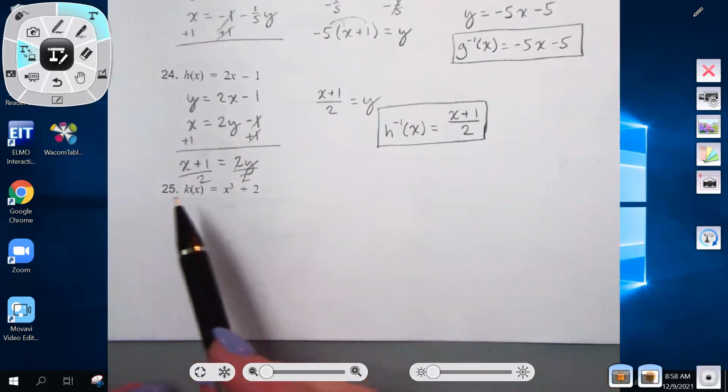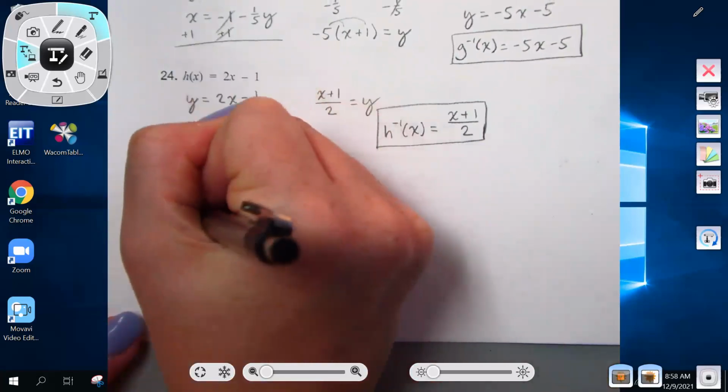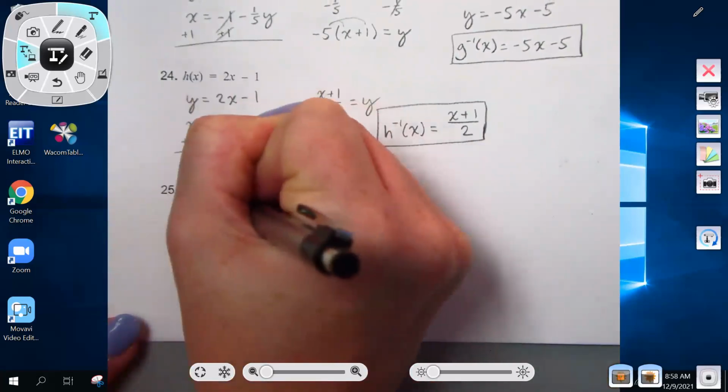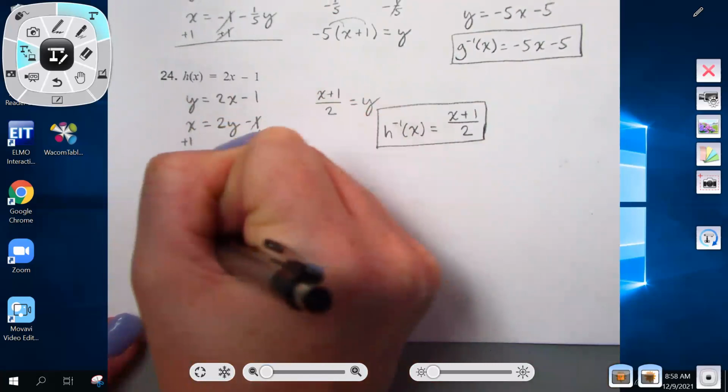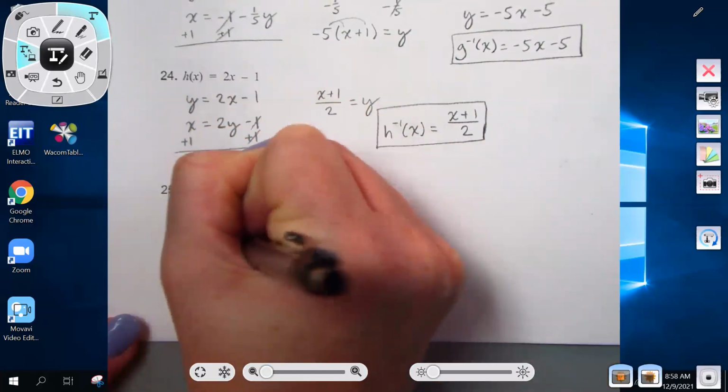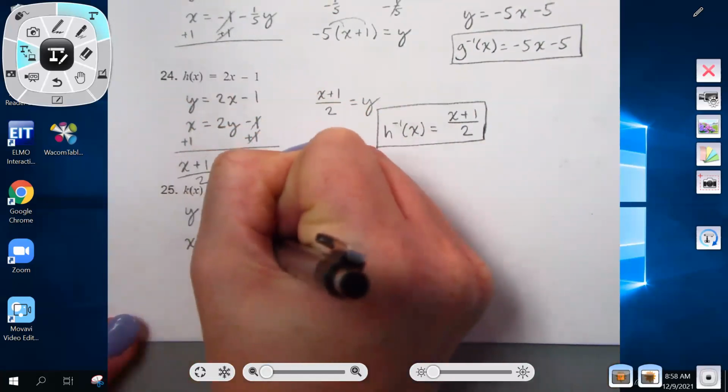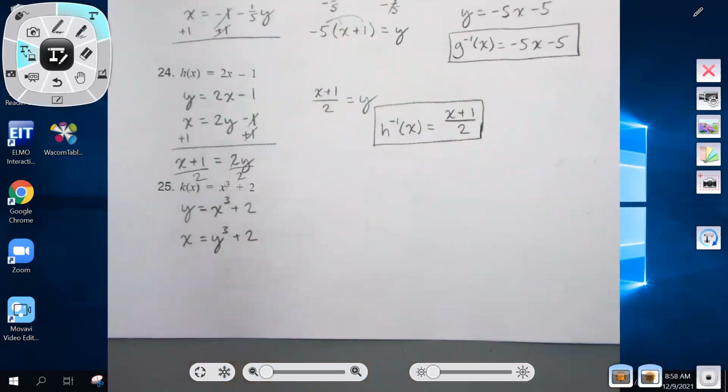Last one, k of x, change that to y. Then switch the x and the y. Okay, we're working to get the y by itself.